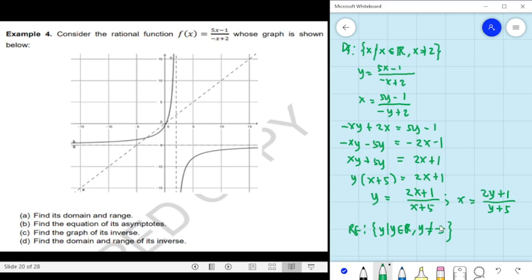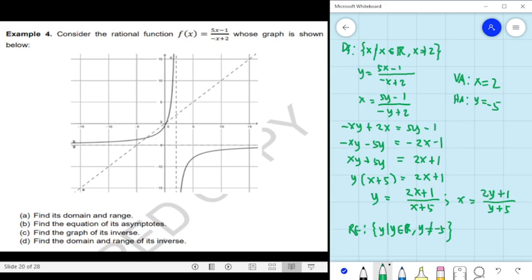So what is the equation of our asymptotes? The vertical asymptote is x equals 2, because that makes the denominator 0. For the horizontal asymptote, since the degrees of the numerator and denominator are equal, we simply take the ratio of the leading coefficients, 5 over negative 1, so y equals negative 5.